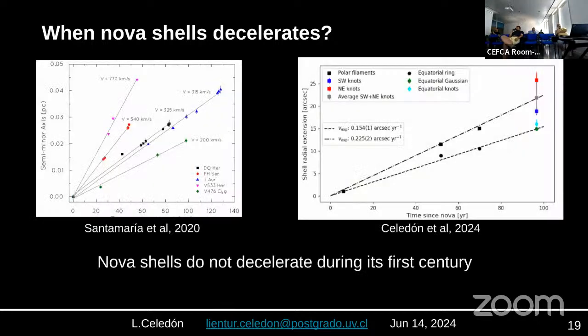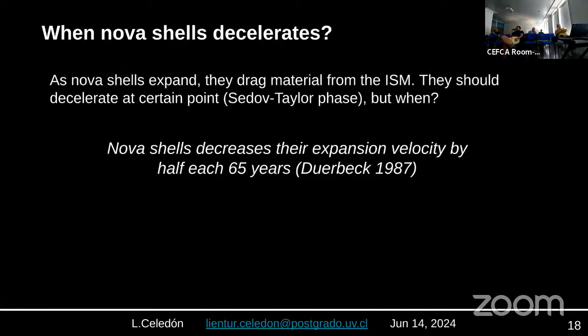However, recent studies, Santamaría in 2020 and my work in 2024 with RP Pic, show that these systems can expand without showing any kind of deceleration during the first years, basically invalidating the claim of Duerbeck 87.